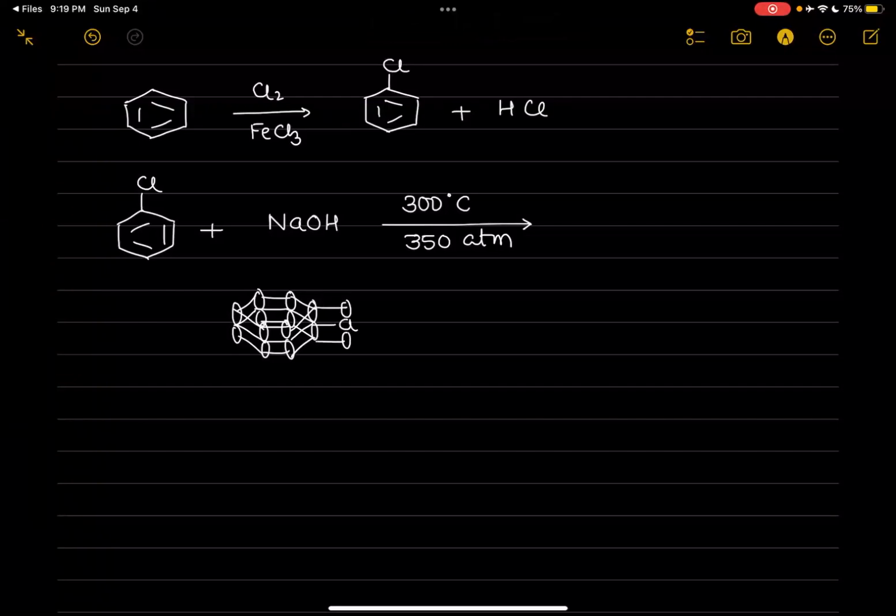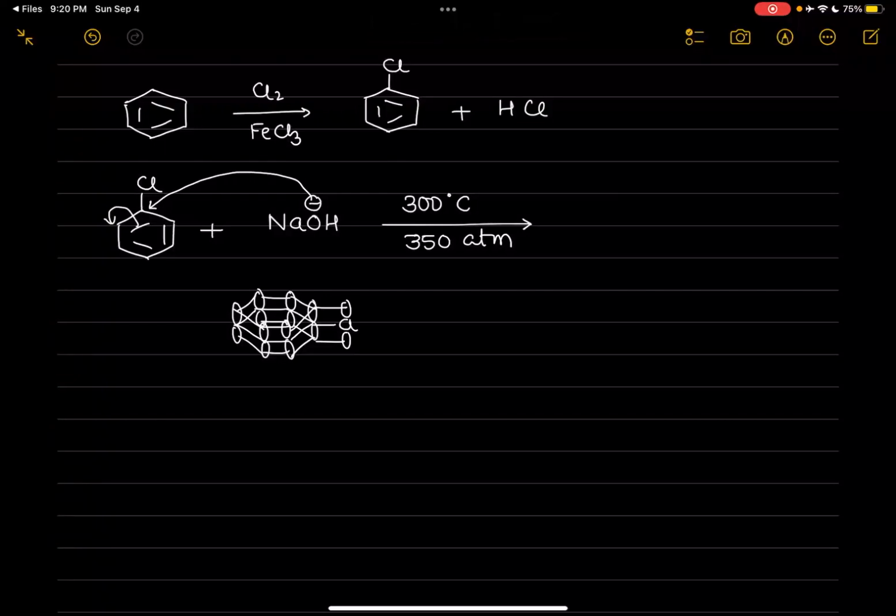So it is very difficult for the Cl to break apart. So we need very high temperature so that the OH will have sufficient energy. It will come and get attached to the benzene ring. And because it is a nucleophile, when it comes in, it will push away the pi electron.